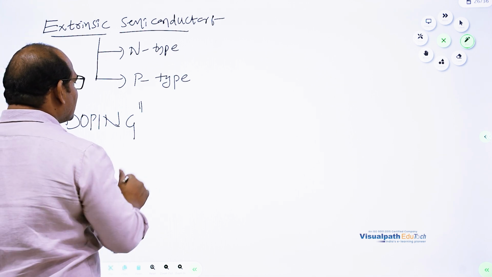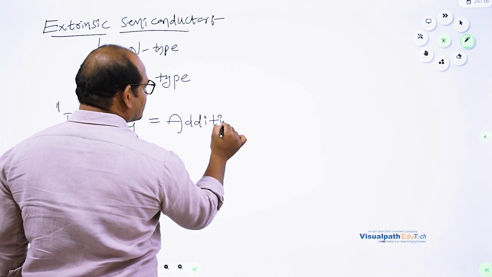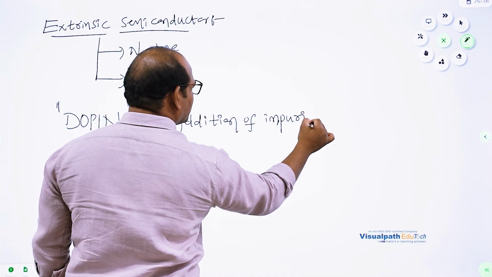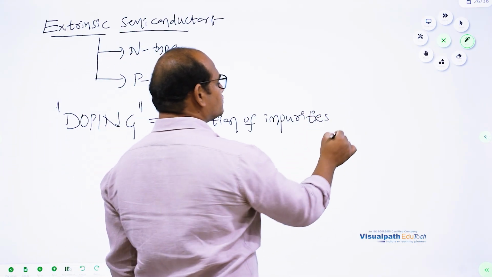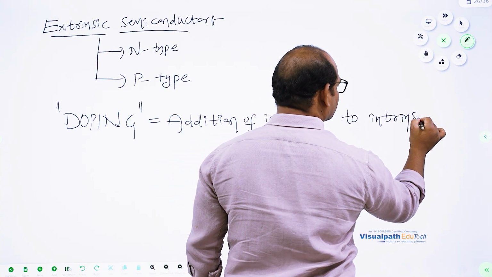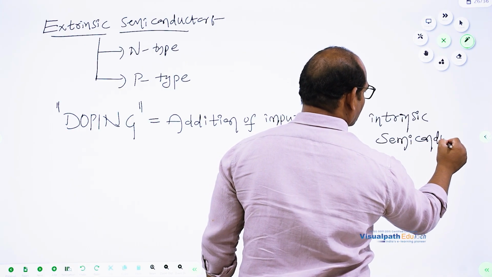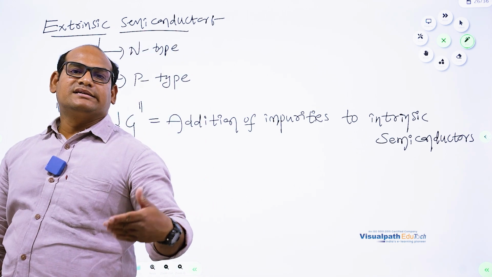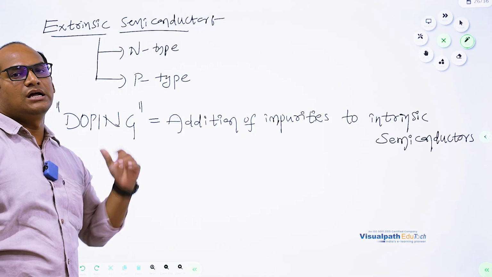So what is the exact meaning of doping? It is nothing but addition of impurities to intrinsic semiconductors, so then you will get extrinsic semiconductors. The addition itself is called doping.